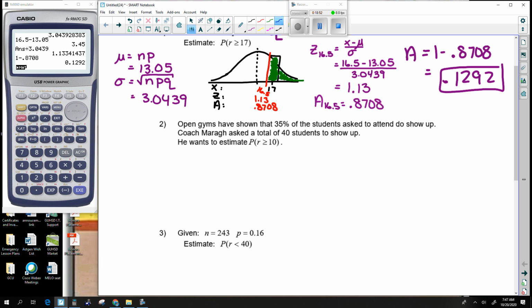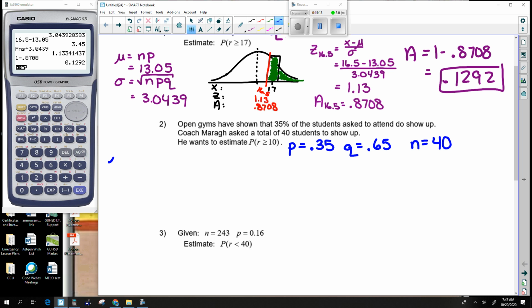A gym, open gyms show that 35% of the students are allowed to show up. So the probability of showing up is 35%. That implies 1 minus P would be 65%. Coach Mirage asked 40 students, so the total number he had to show up was 40.